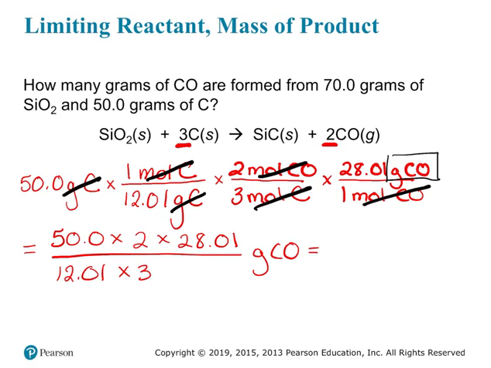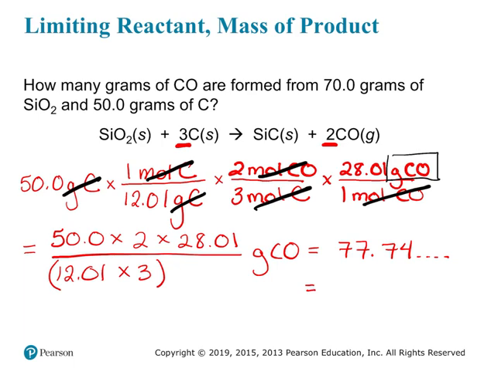So 50 times 2 times 28.01 divided by, and remember to put parentheses around your denominator there. All right, so I get 77.74, etc. But how many sig figs should we have? 3.